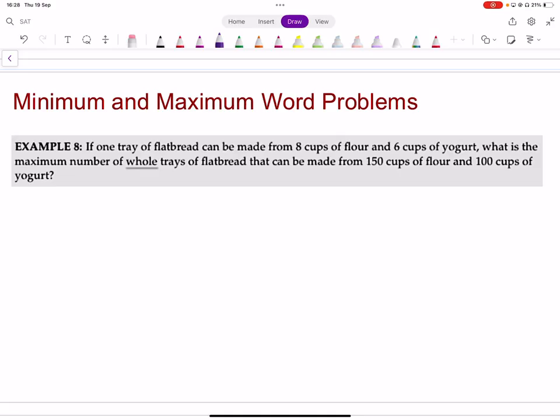How do we make an inequality or multiple inequalities? What's the inequality going to be? Can anyone tell me the inequality or inequalities?